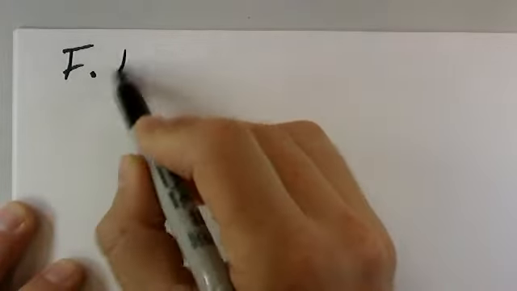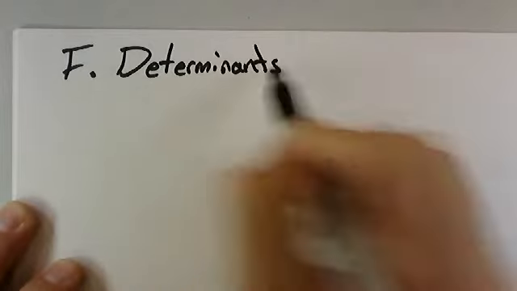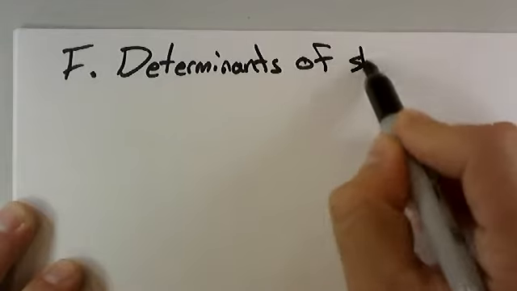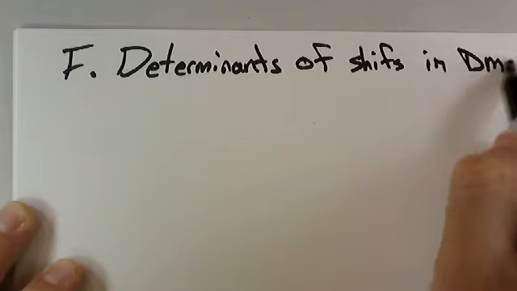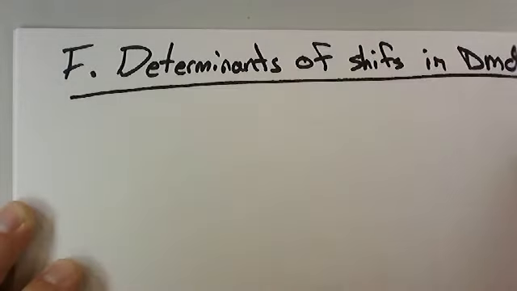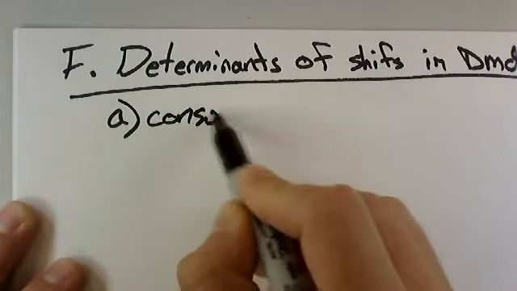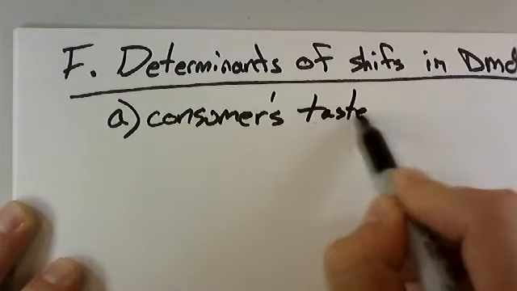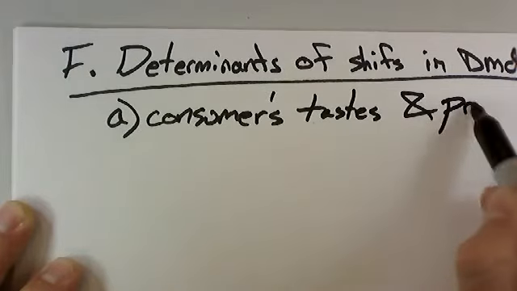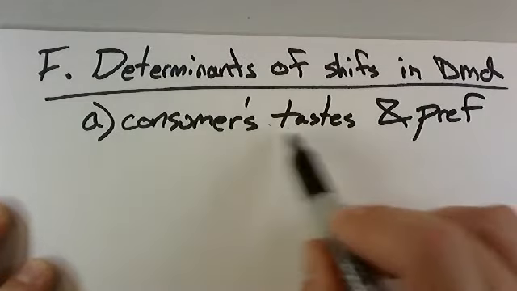So the determinants of shifts in demand. The first one of these, we talked about it a little bit, is consumer tastes and preferences. You usually just see this abbreviated as tastes and preferences.